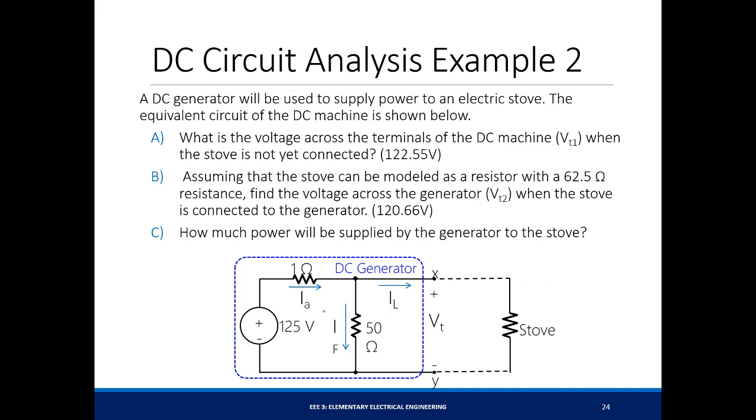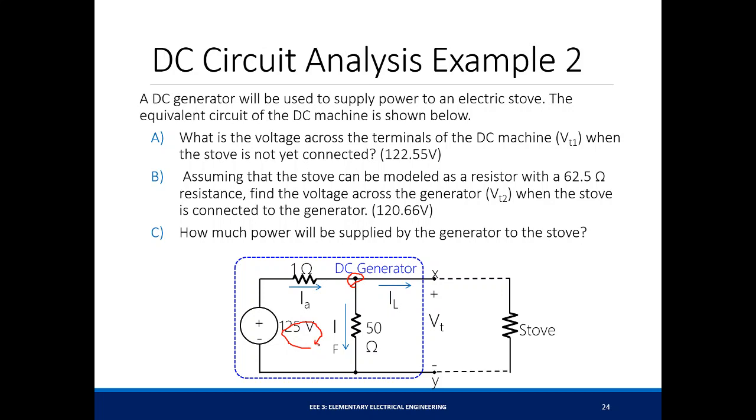So in here, IL is equal to 0. Therefore, if we take the KCL at this node right here, the current going in is IA and the current going out is IF. Therefore, IA is equal to IF since IL is equal to 0. And now the next part is you will do KVL across this loop right here.